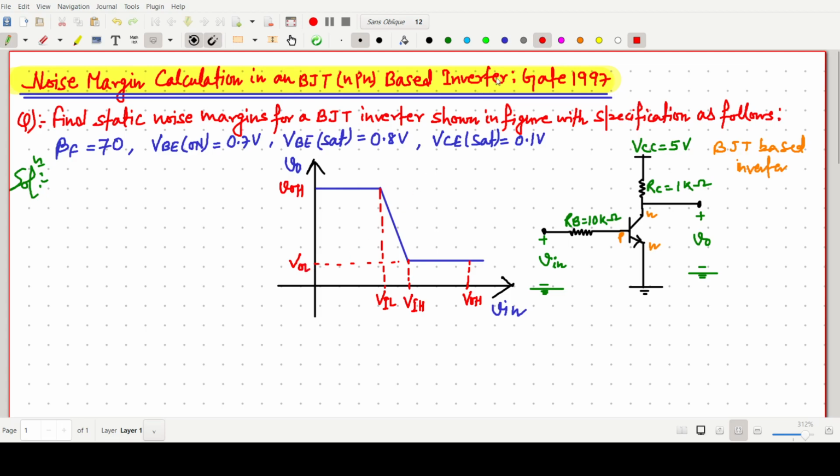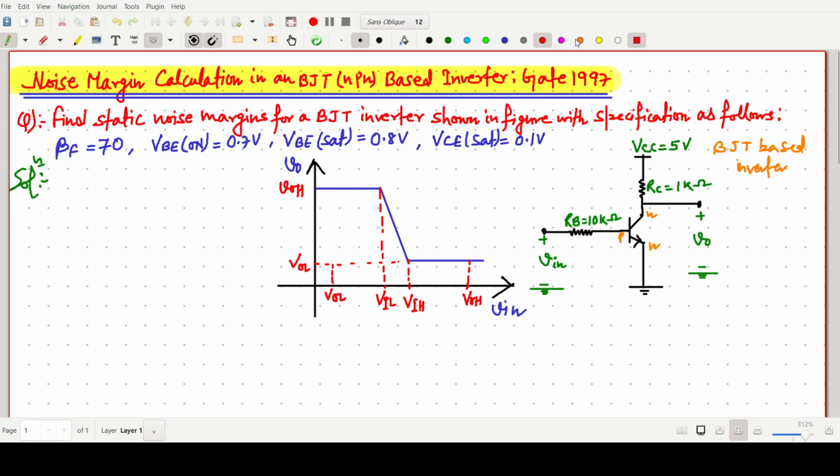Once again, in a simple VTC curve, for a low input it will give a high output value, and for a high input voltage it will give the low value, say VOL. This point is VOL.